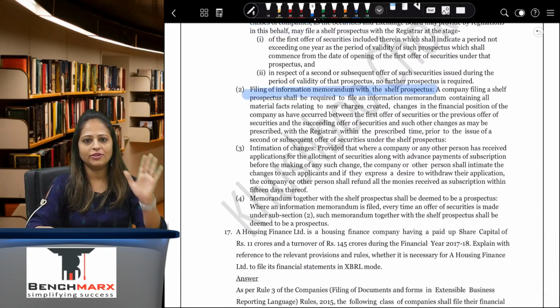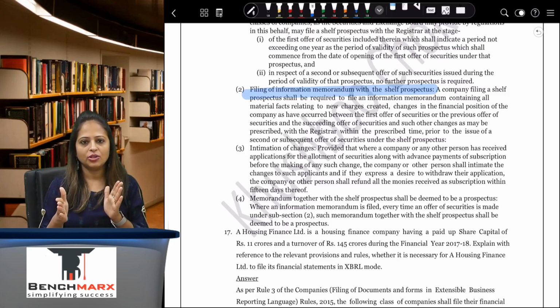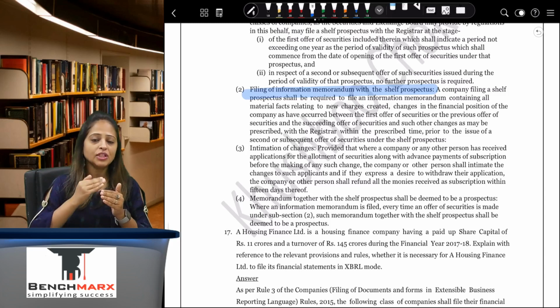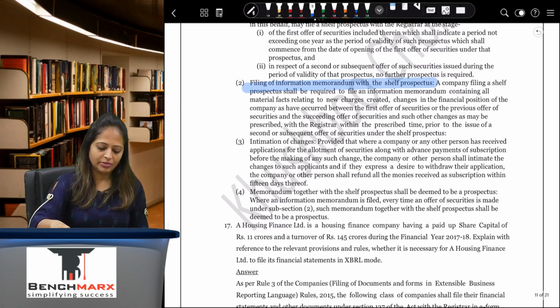If you have a shelf prospectus you issued on say 1st of April, and now you want to again issue the same kind of securities on say 1st of August, but there are some changes in the securities that are issued on 1st of August, then for that you will have to file an information memorandum. So for any changes, you will file an information memorandum with the registrar, and the intimation of changes.